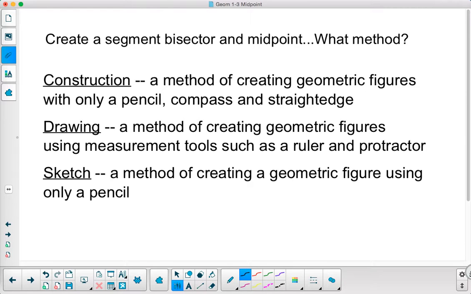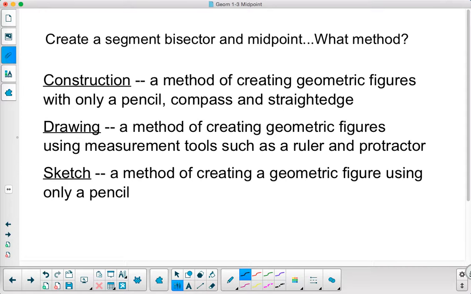Here's some notes again. You need to pay attention to directions in our course because sometimes a construction would be created which uses special constructing or drawing tools. If the directions say to draw something, you can use measuring tools like a ruler and a protractor to make it a fairly good drawing.